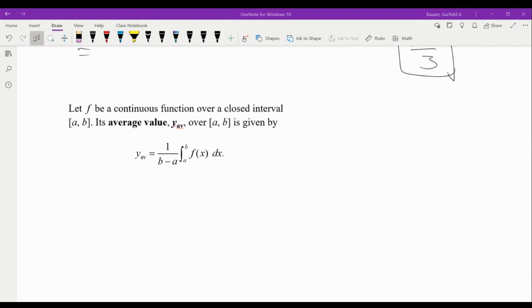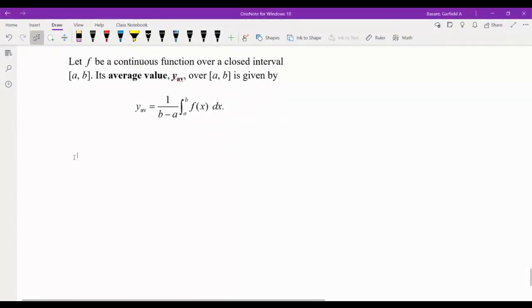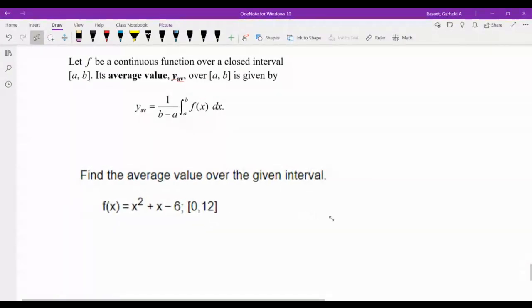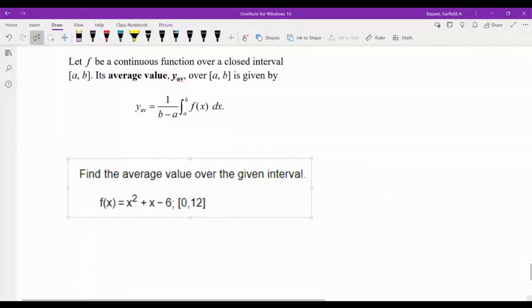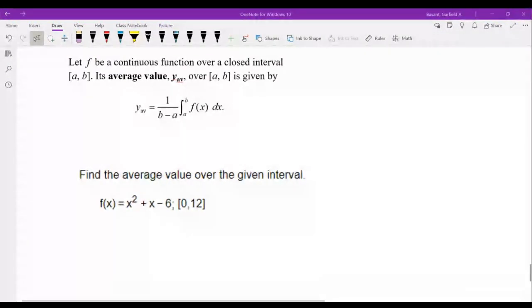Are you guys clear on that? Let's see. Let's try this problem. And this is question number 10 of 11.